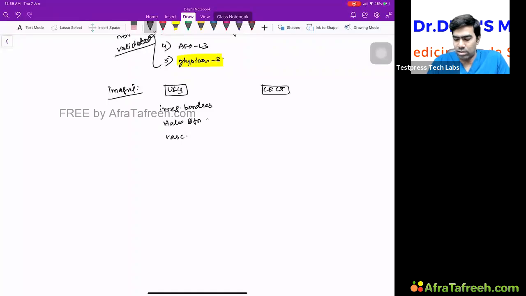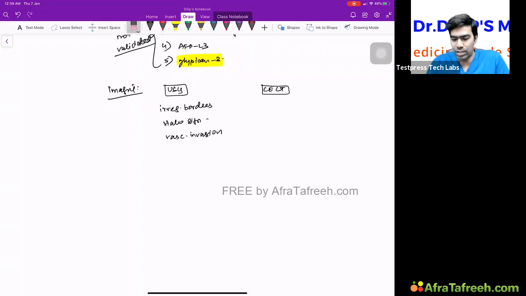And if the mass shows vascular invasion, it's straightforward, but it's rarely seen on ultrasound. Ultrasound will not pick up vascular invasion that easily. But still, if you are able to pick it up, these factors tell you there is a high chance that the mass is a hepatocellular cancer.